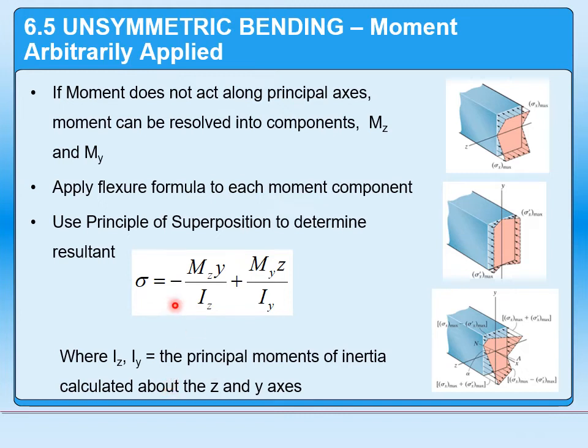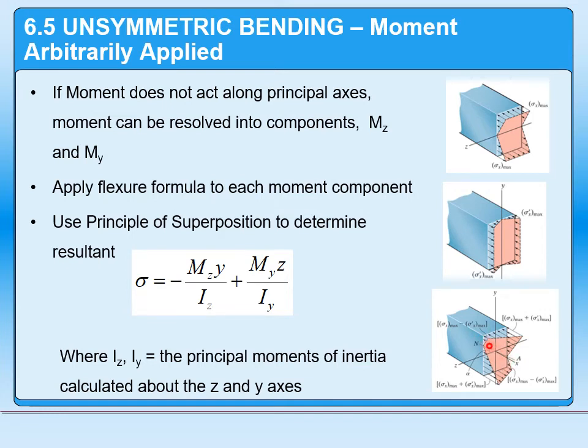Now, because these two are both elastic and one does not affect the other, we can just sum them using superposition, so the total stress will be the stress caused by the moment about the z-axis plus the stress caused by the moment about the y-axis. If you look at this graphically, you take this effect, and when you add them together, you will definitely get a different result.